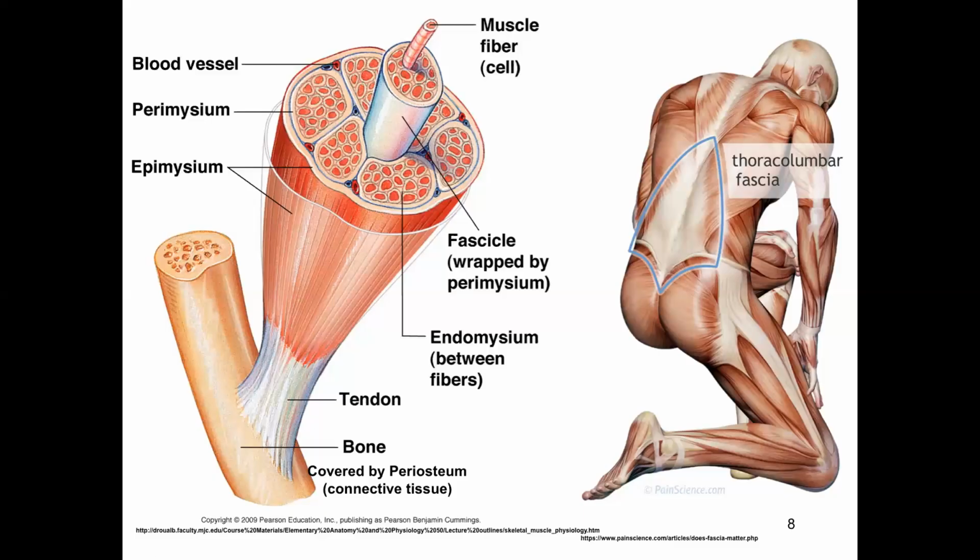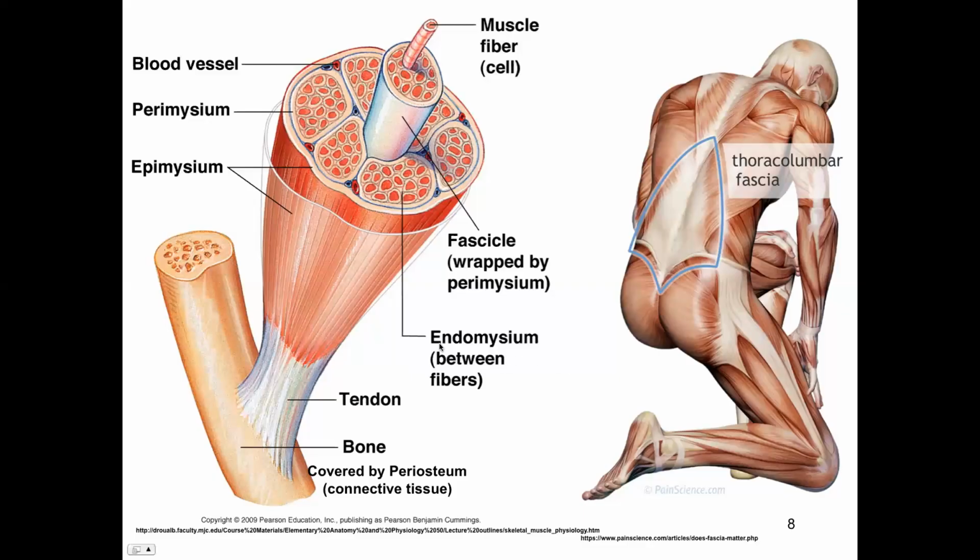Now, inside each fascicle are the muscle cells, or the muscle fibers, and they're also surrounded by connective tissue. That layer of connective tissue is called the endomysium. So that's between the fibers, and deep to the endomysium is the cell membrane. Understand that, and therefore the terminal end bulbs of neurons that communicate with the muscle, as well as the capillary beds.